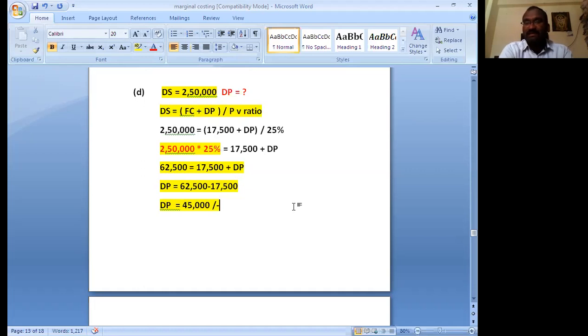The 17,500 goes to the left side as a negative value: 62,500 minus 17,500. Now you are getting 45,000. This 45,000 is the desired profit. If you do sales of 2,50,000, you are getting a profit of 45,000.